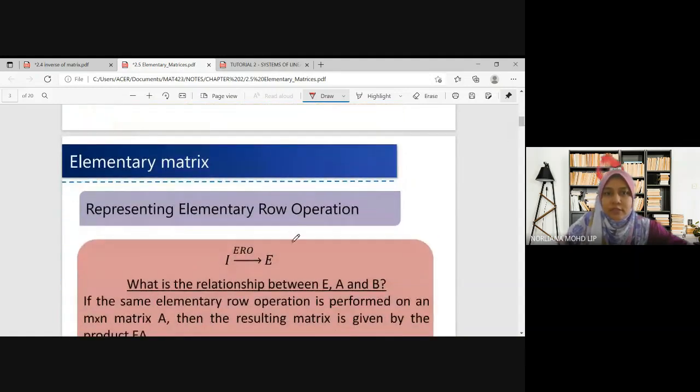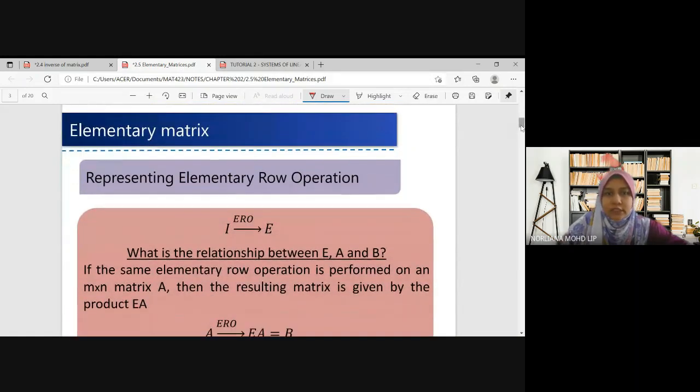Okay, elementary matrix, this is another explanation. An elementary matrix represents the elementary row operation. The identity is transformed into an elementary matrix by using an elementary row operation. What is the relationship between the elementary matrix, matrix A and matrix B?